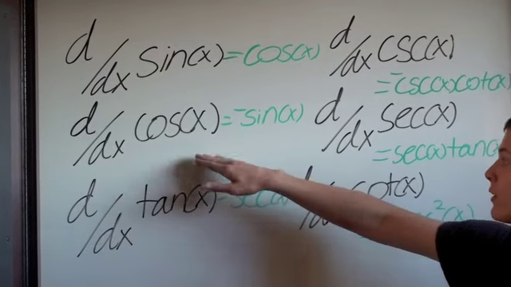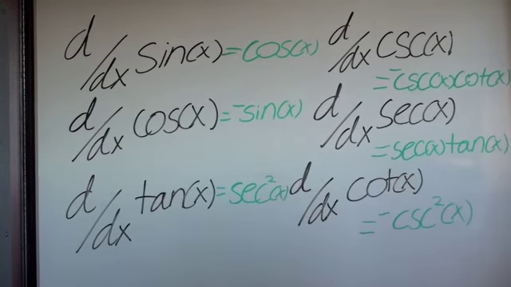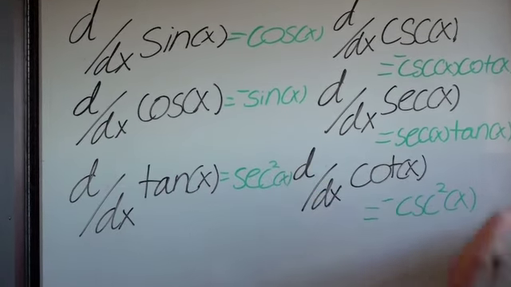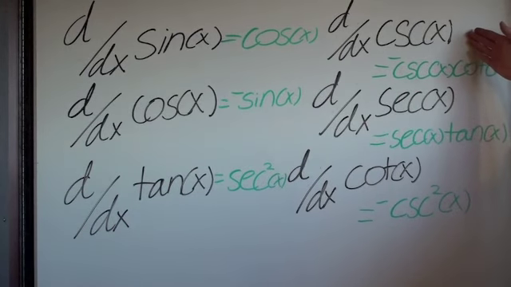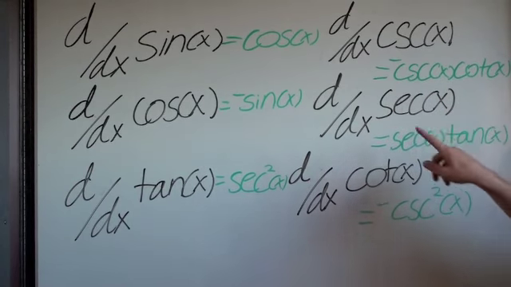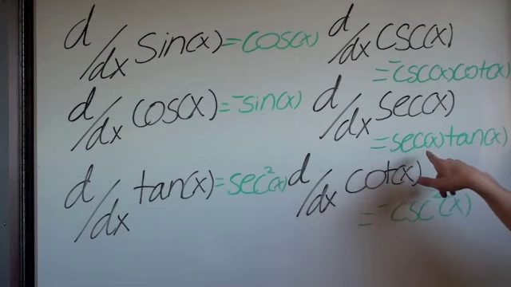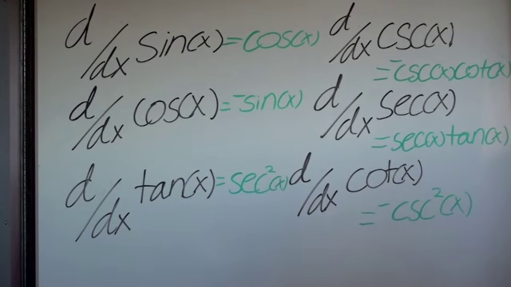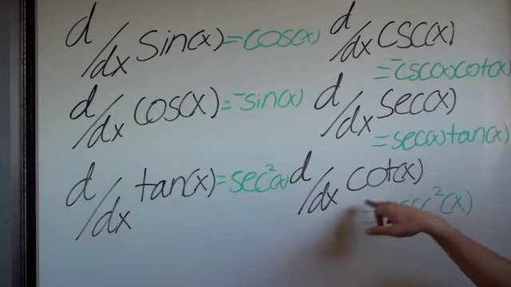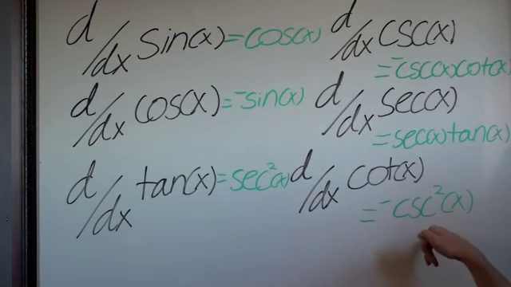Derivative of the cosine of x equals negative the sine of x. Derivative of tangent of x equals secant squared x. The derivative of cosecant of x equals negative cosecant x times cotangent x. And the derivative of secant x equals secant x tangent x. And finally, but definitely not the least important, the derivative of cotangent x equals negative cosecant squared x.